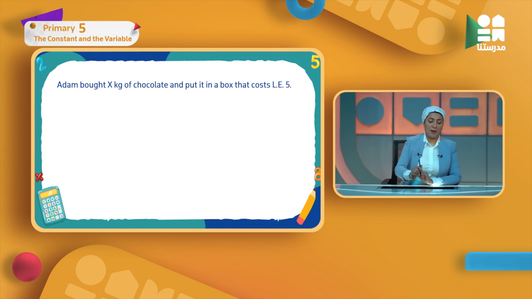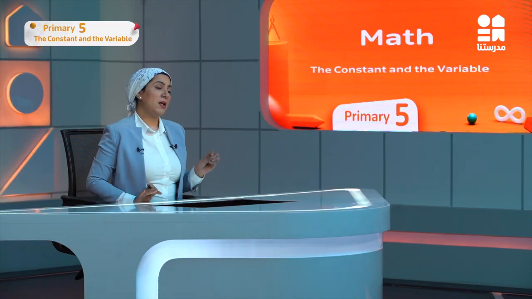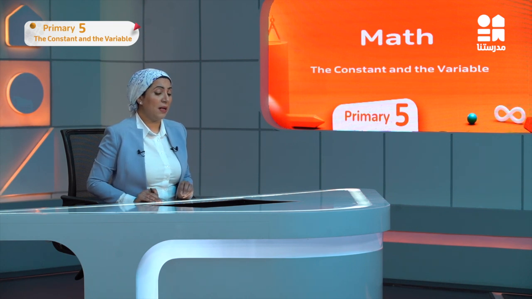I don't know how many kilograms he bought. He bought X kilograms. It's unknown. And put it in a box that costs LE5. The price of the box doesn't change no matter how the number of kilograms that Adam bought changes. He bought 1 kilo, 2 kilos, 10 kilos, as long as they are in the same box that he bought with 5 LE. The price of the box is fixed, like the gift bags we buy: whatever the number of gifts or presents I put inside the bag doesn't affect its price.